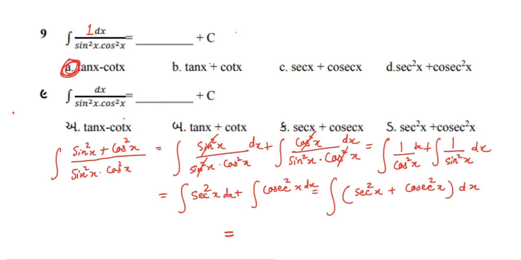Integration of sec square x is tan x, and integration of cosec square x is minus cot x, plus a constant c. So this will be the answer, which means option A is correct. You can take it like this.